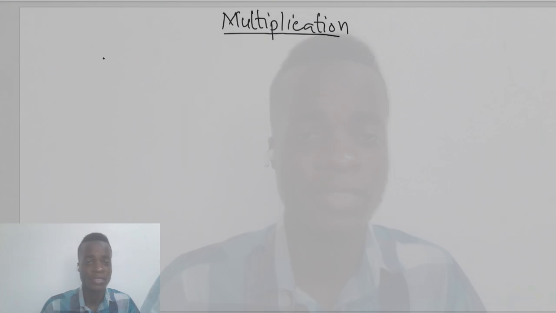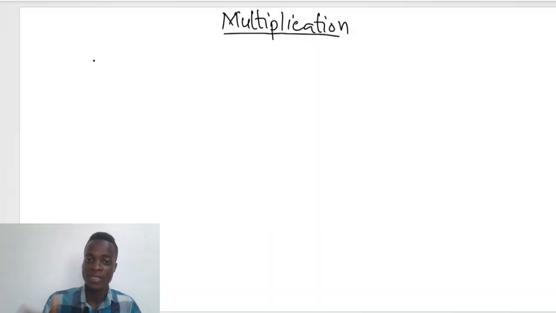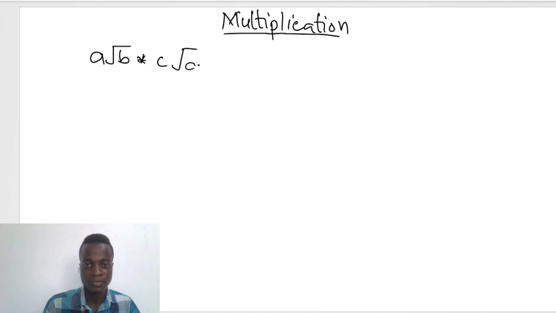Now multiplication is quite easy, as I said. Let's say we have two numbers that contain roots: a root b multiplying c root d.